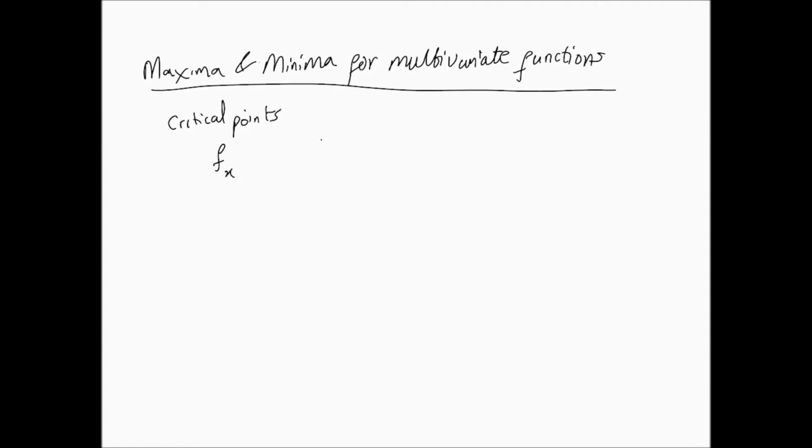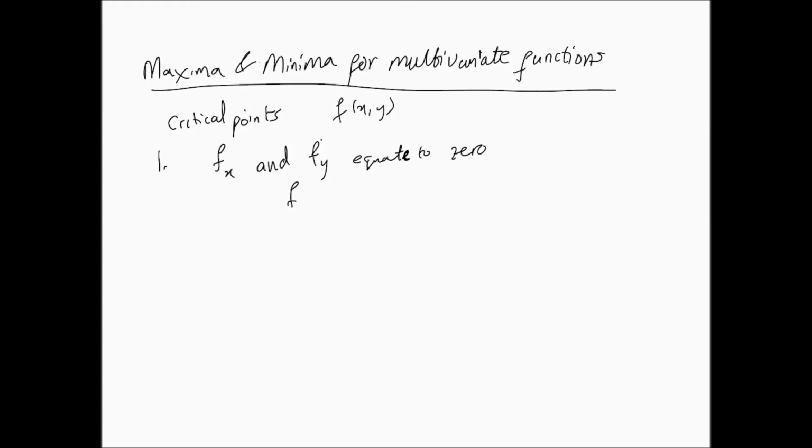first derivative. So the procedure is, what we want to do first is calculate fx and fy. This is for functions of x and y, for instance. Now it'll work for functions of x, y and z as well, but here we're looking at just functions of x and y. So first thing you do is you calculate fx and fy, and once you've got fx and fy, equate to zero.